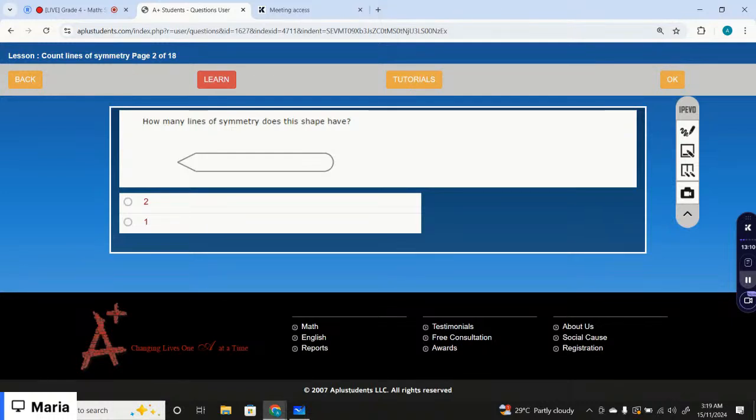The correct option is only one line of symmetry. Option number two is the correct option.